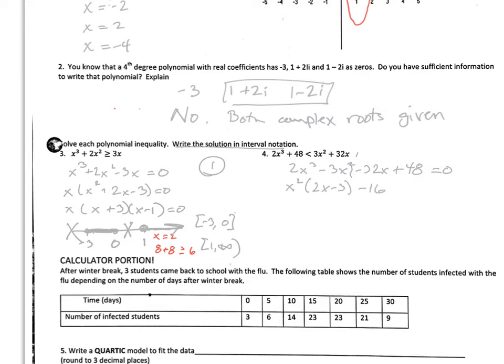These two have a negative 16 in common, 2x minus 3. And now we have 2x minus 3 as the common factor, x squared minus 16 as that second factor. Here we get x equals 3 over 2, and there you get x equals plus or minus 4. So on the number line we have negative 4, 1.5, that's 3 over 2, and positive 4.